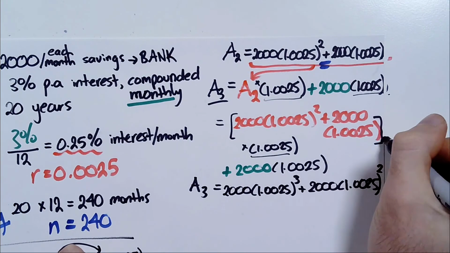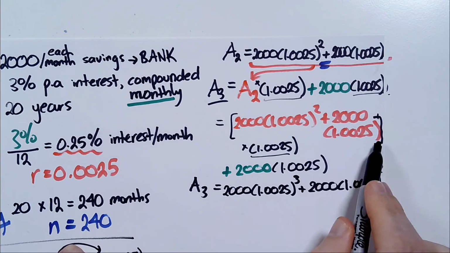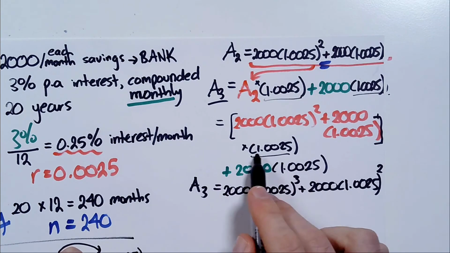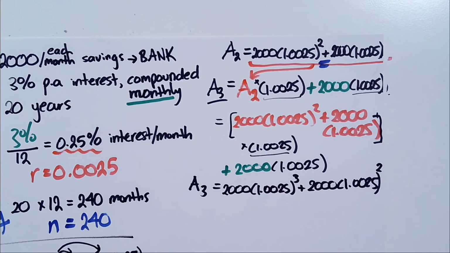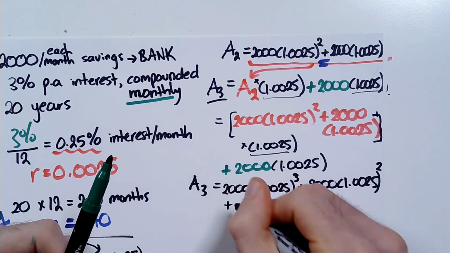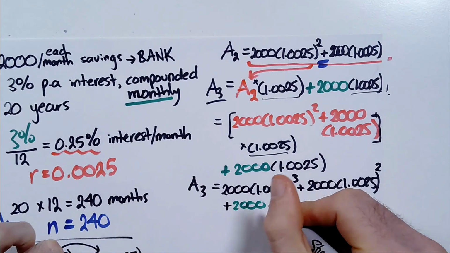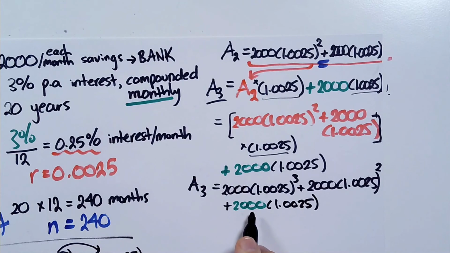This one had an invisible 1 here. See this? It had a 1 above it, this second bracket, and now it has a 2 above it because it got multiplied by another one of the same thing, another round of interest. Plus, now we just bring in the new $2,000, which has 1 round of interest because it's only been sitting in the account for 1 month.